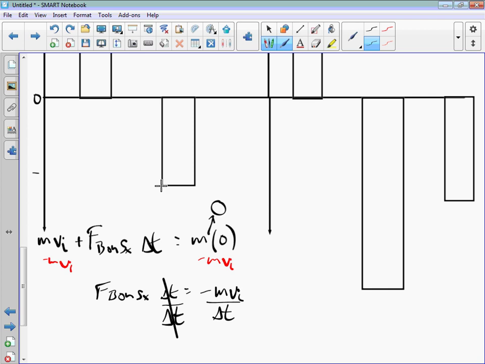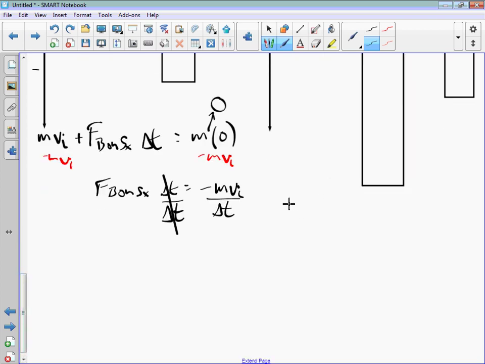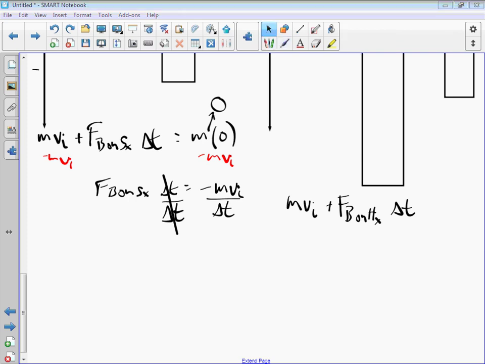Now if we do something similar with the happy ball, it's going to be mass of that ball, initial velocity of that ball, plus the force of the board on the happy ball in the x direction, times change in time. And that's going to be equal to the mass of the happy ball times the initial velocity, but going in the opposite direction because it bounced away.